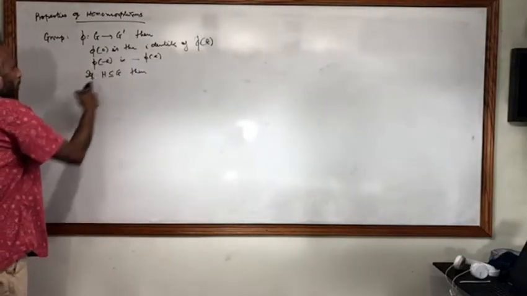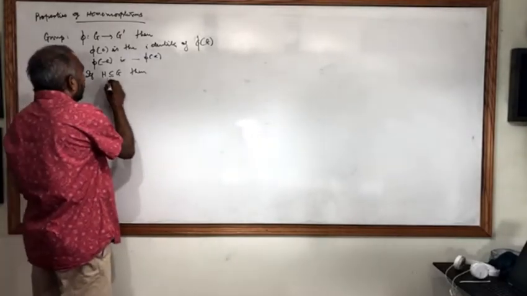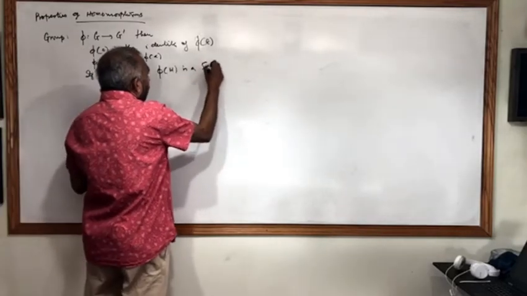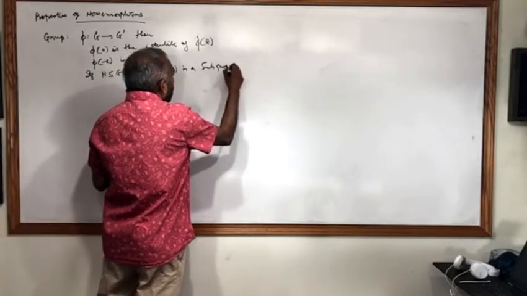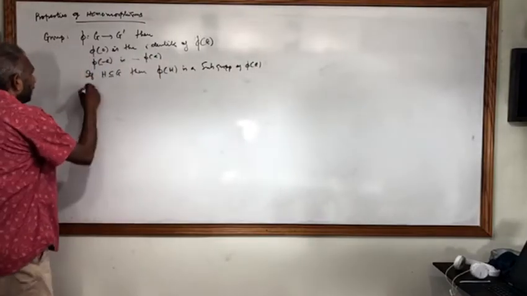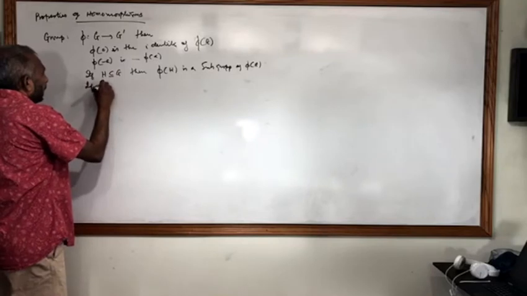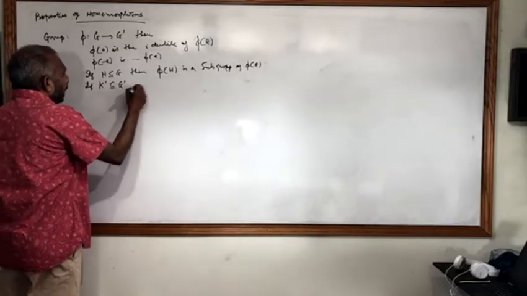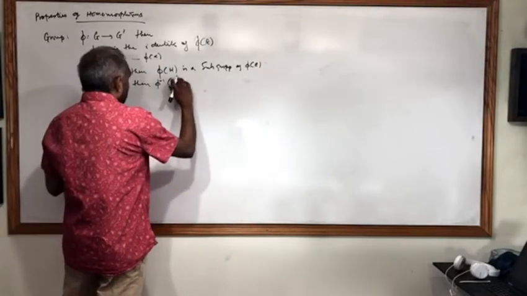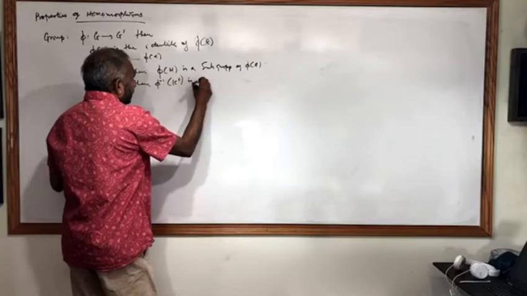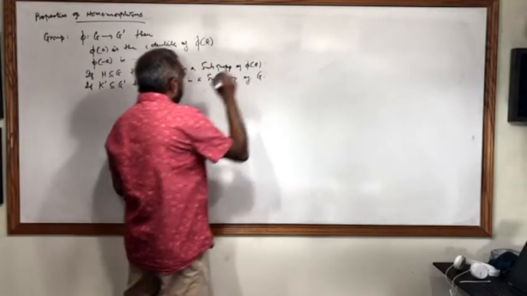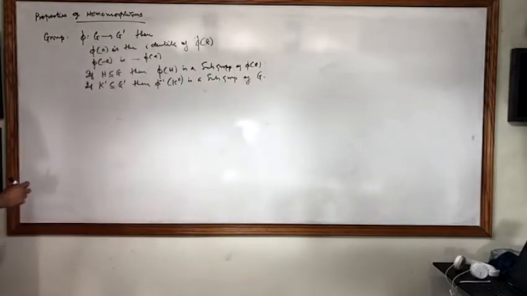If H is a subgroup of G, then phi of H is a subgroup of phi of G. Then if K prime is a subgroup of G prime, then phi inverse of K prime is a subgroup of G. These are the properties of group homomorphism.